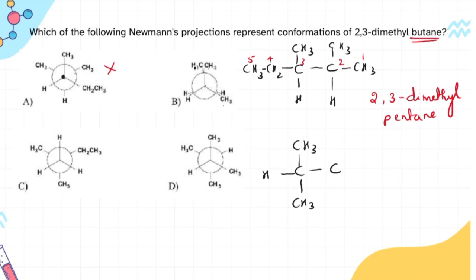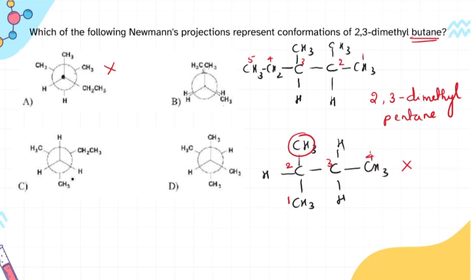So the rear carbon is attached to methyl, hydrogen and hydrogen. So let's give the IUPAC name for this. We can start numbering from here: 1, 2, 3, 4, so that this gets the substituent. If I had started from here, this would have been 3-methyl. So that's not correct, right? So this will be 2-methylbutane, but it's not dimethyl. So you can ignore this also.